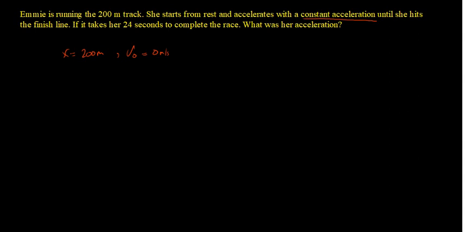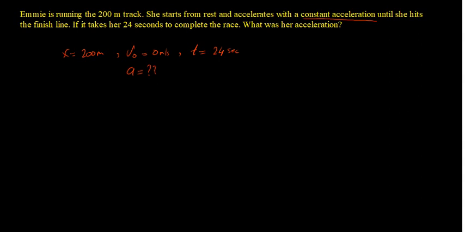It takes her 24 seconds, which is the time required to complete the whole race. What was her acceleration? I need to know how much the acceleration was during the process.